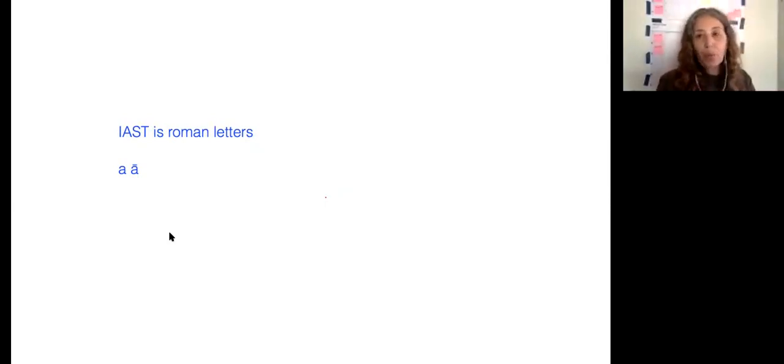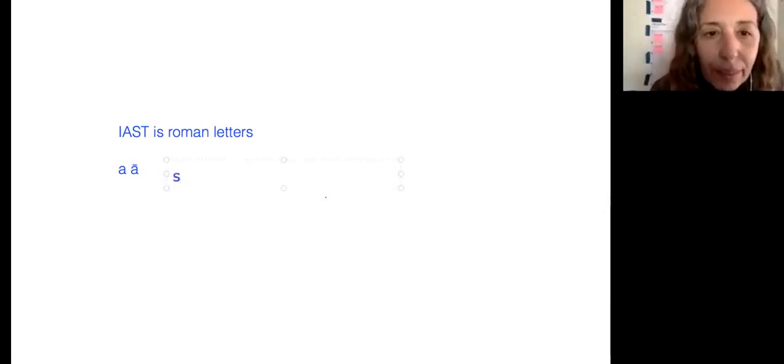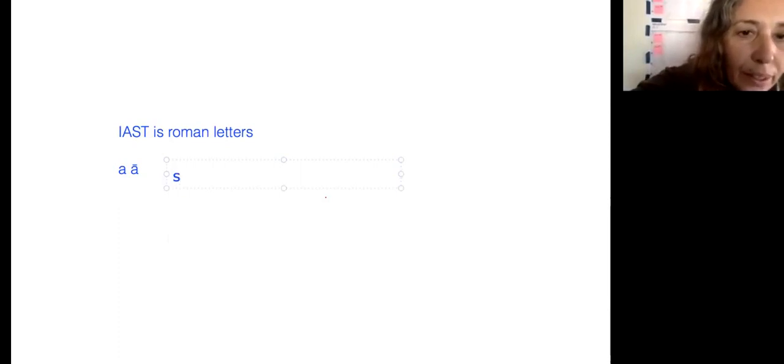So there are three different ways to represent Sanskrit, or Devanagari, in Roman letters. And this one is becoming the most common. You may see some older styles where you'll have a capital A or two A's to represent the long one, and sometimes you'll see SH instead of this one.